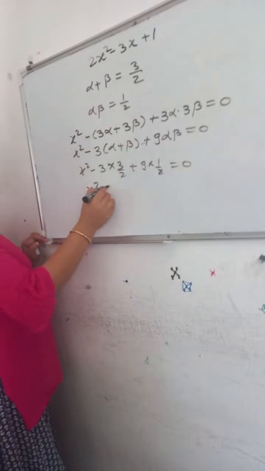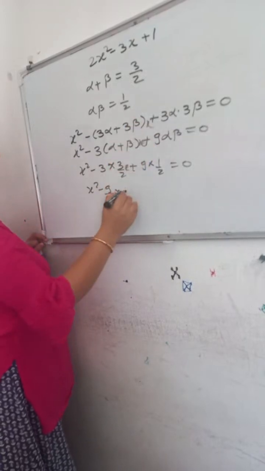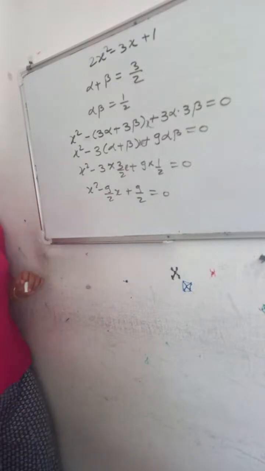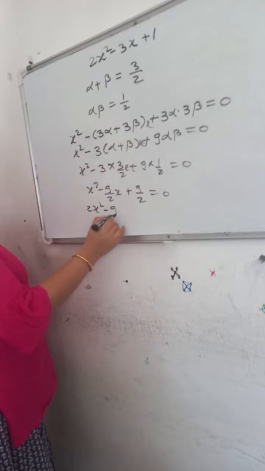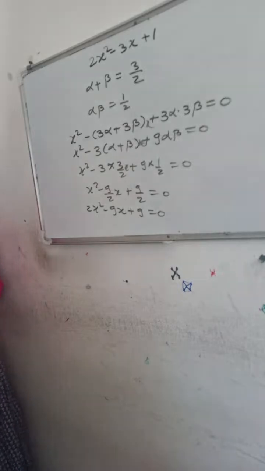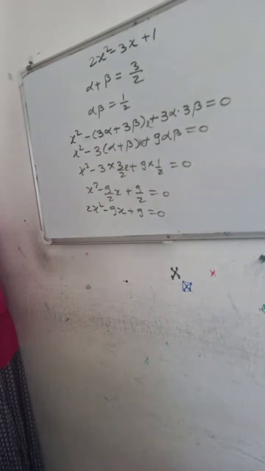So x square minus 9 by 2 x plus 9 by 2 is equal to 0. Now multiply the entire equation by 2. So 2x square minus 9x plus 9 is equal to 0. This is the quadratic equation. A 2 mark question.